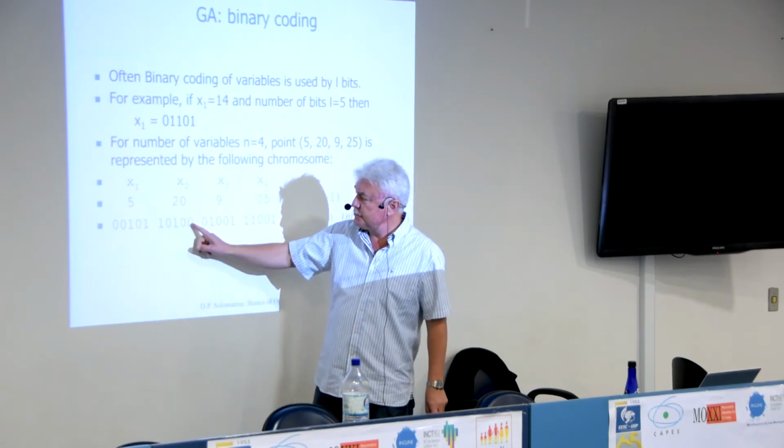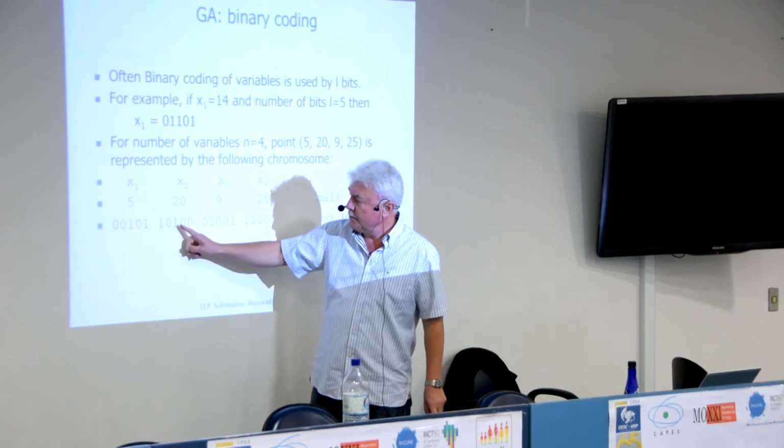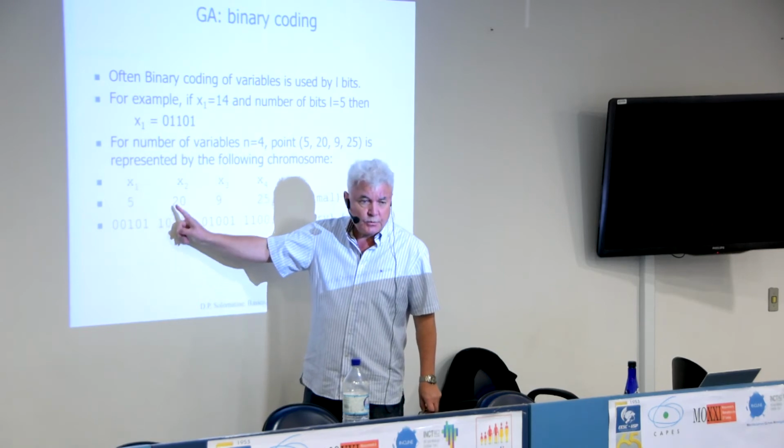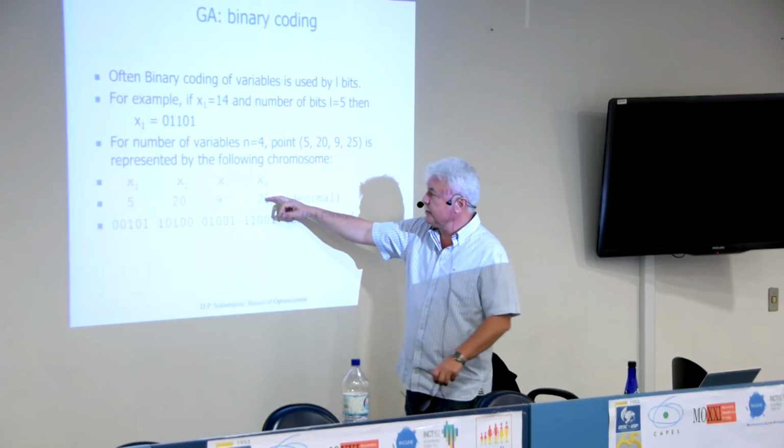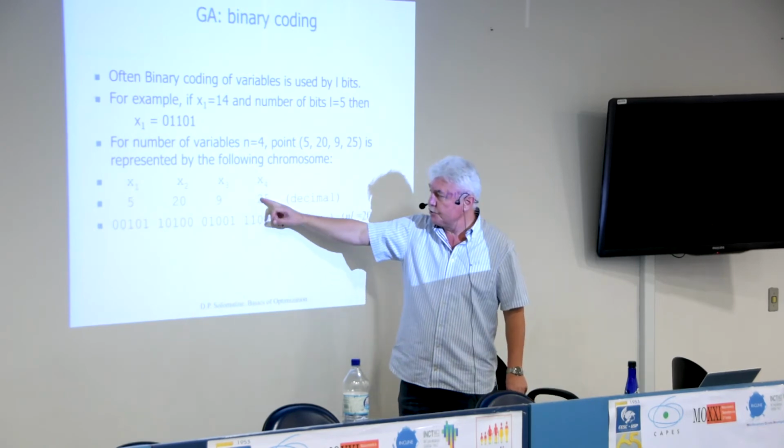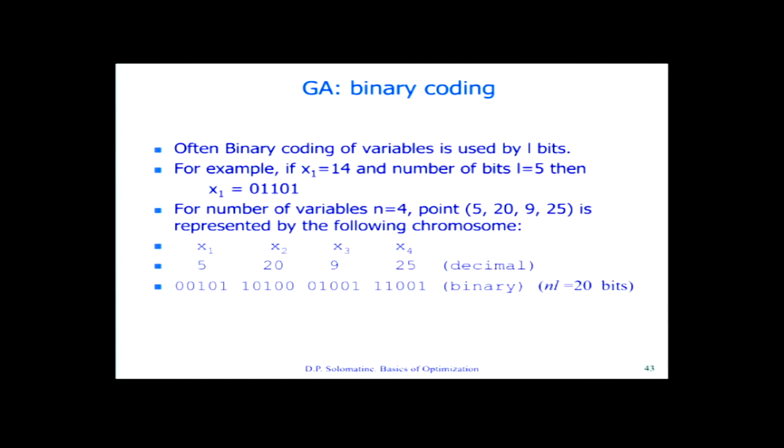This is 20, so it's 4 plus 16, 20. 9 is 1 plus 8, 9. So all these decimal values are encoded as binary. You form a binary string, like in genetic algorithms.